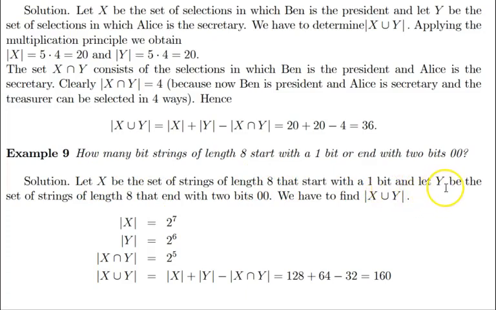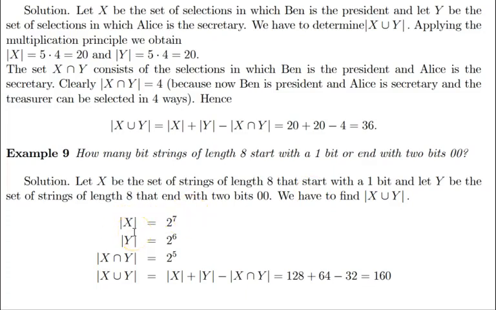And let Y be the set of strings of length 8 that end with 0, 0. We have to find the cardinality of the union, because here we have OR.